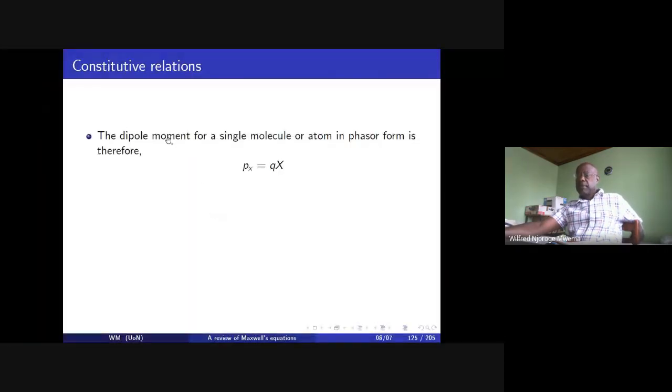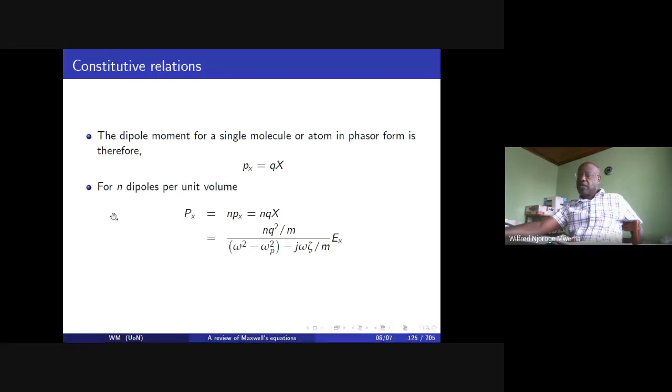So the dipole moment for a single molecule or atom in phasor form, we said, is just the positive charge multiplied by the displacement, and x we have seen is a phasor. So p of s is going to be given by q multiplied by x.